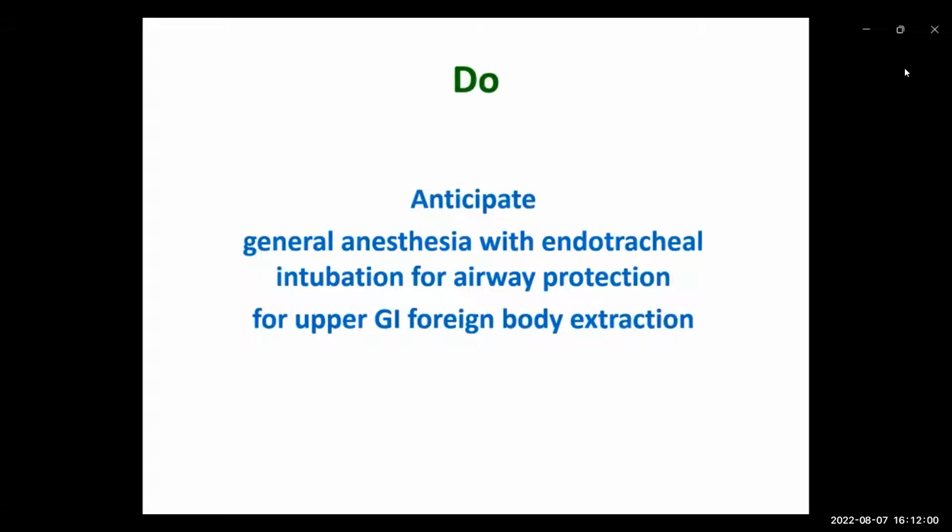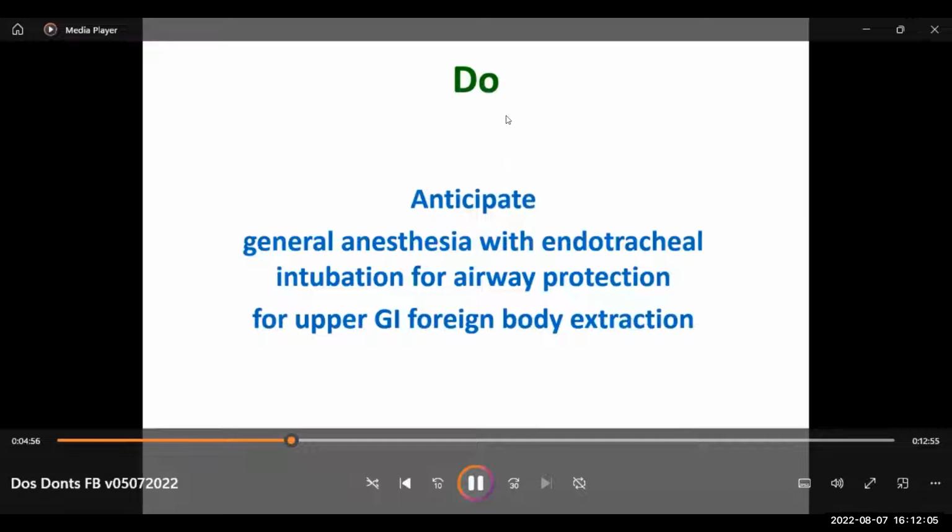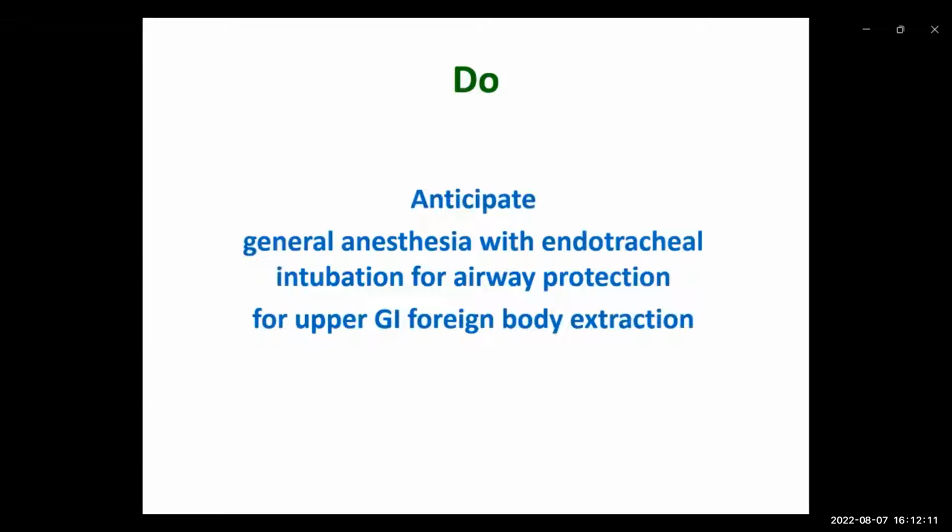Do anticipate general anesthesia with endotracheal intubation for airway protection for upper GI foreign body extraction. In most non-urgent cases, upper GI endoscopy can be managed without conscious sedation or with conscious sedation without airway protection.